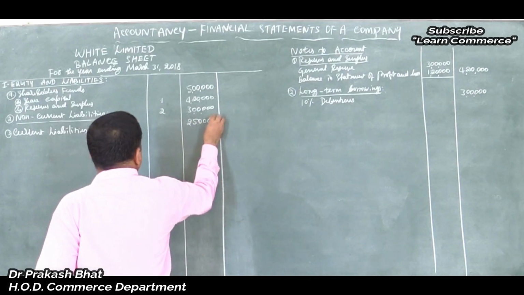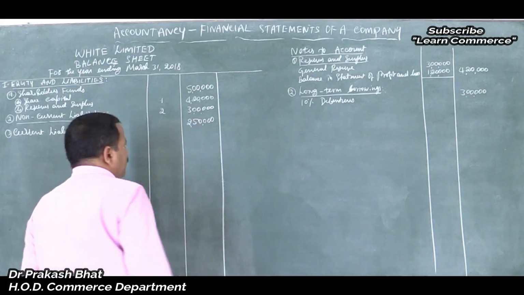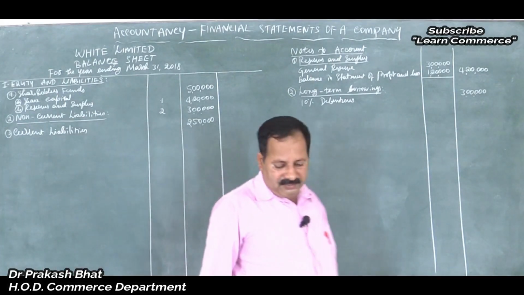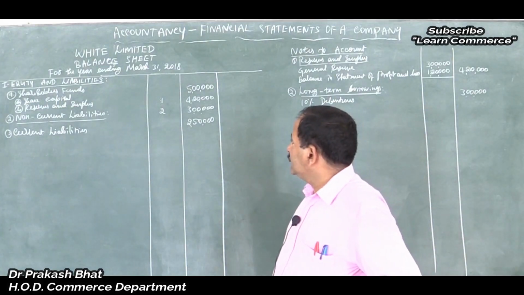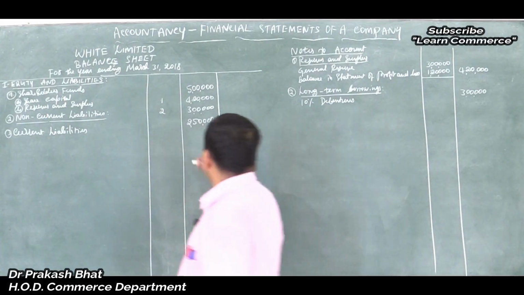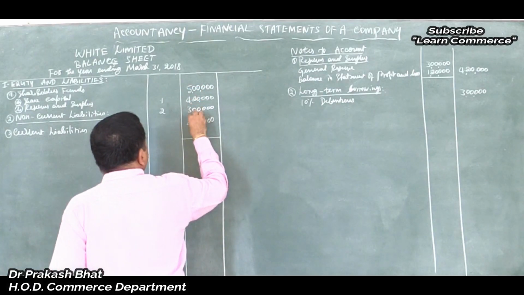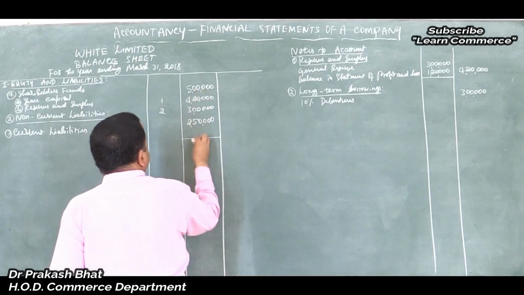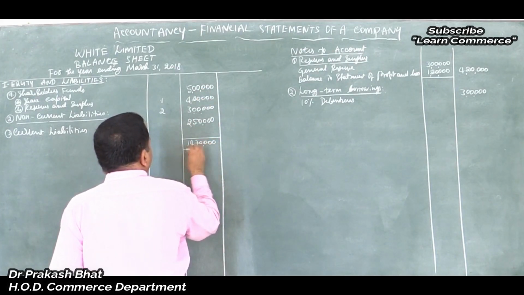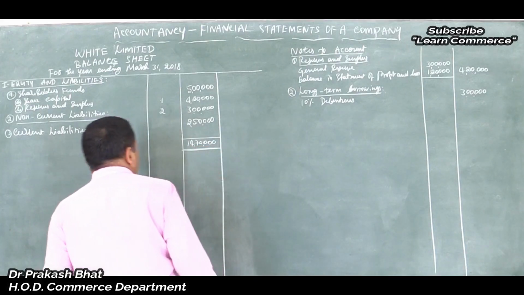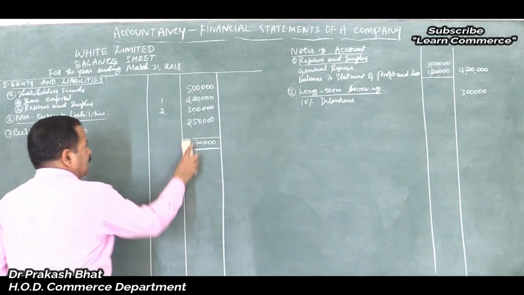Are there any other items to be entered? I think there are no other items, isn't it? Yes. Total of liability side 9 plus 3, 12, 14,70,000. 14,70,000 is the total of liability side. Let us move on to asset side now.